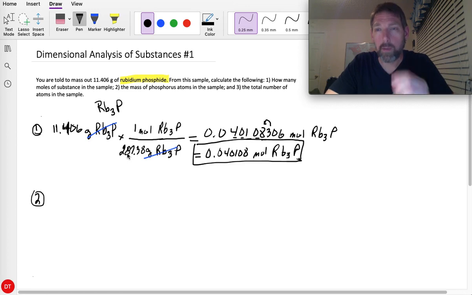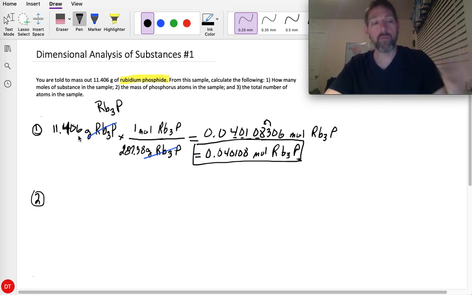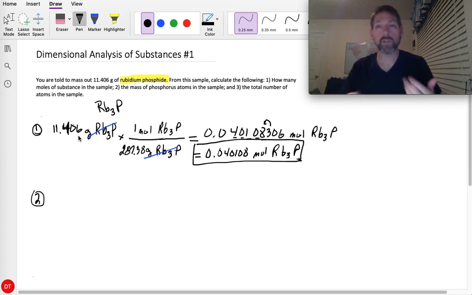So keeping that in mind, when you're done, you realize that you should have a number that is definitely less than 11.406, and it should be a small portion of that number, since 30.97 is a small portion of that overall sample, no matter what your sample size is, right?